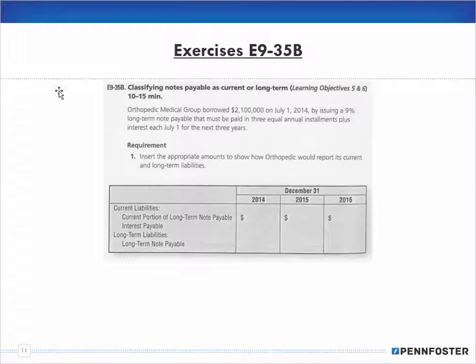Right, so we're working on problem 9-35, and just quickly glancing at this, I'll be able to do 35 and 36. It says, Orthopedic Medical borrowed $2.1 million on July 1st by issuing a 9% long-term note payable that must be paid in 3 equal annual installments plus interest each July 1st for the next 3 years.